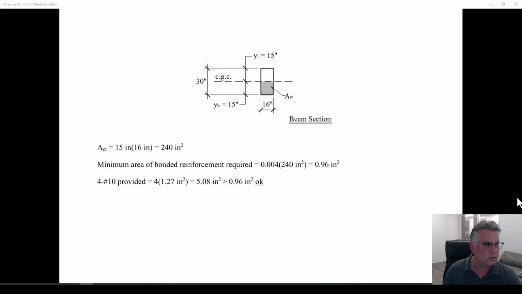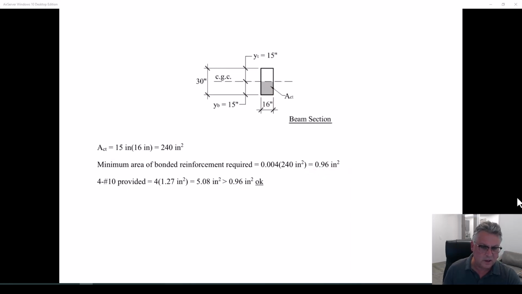Pretty easy when it's a rectangle. When it's a T-beam, we're going to see what we have to do there. Not particularly complex, but it's not equal top and bottom. So in this case, 15 inches times the width of the beam is ACT. The minimum area of bonded reinforcement is 0.004 times that, or in this case, 0.96 square inches.